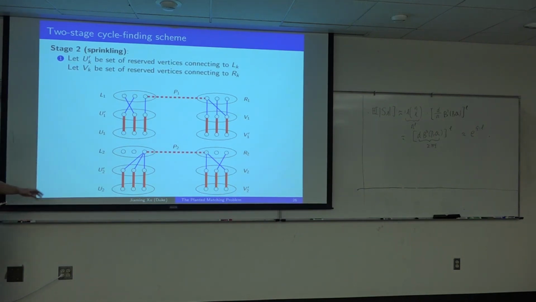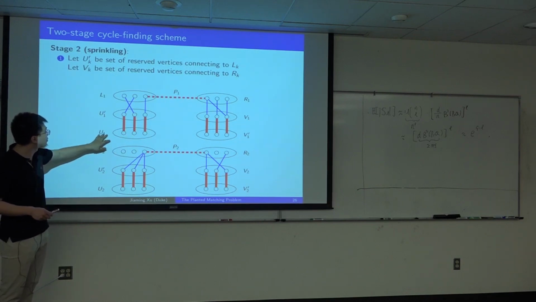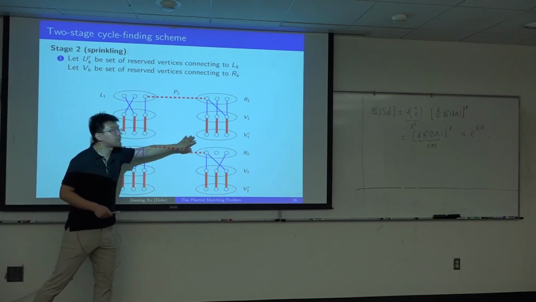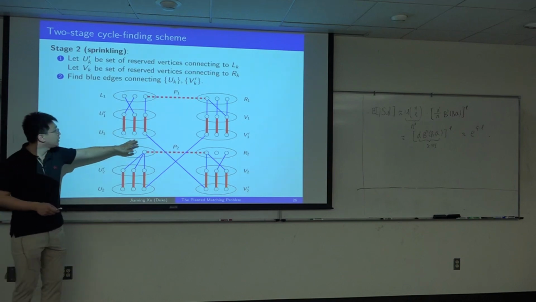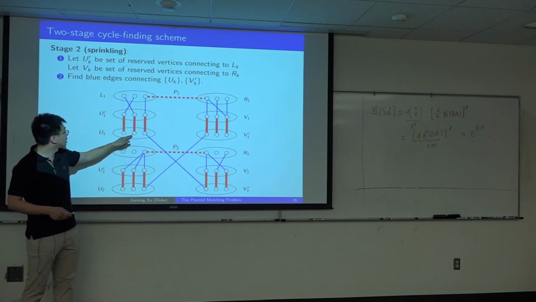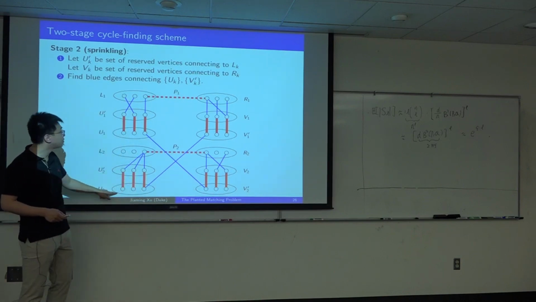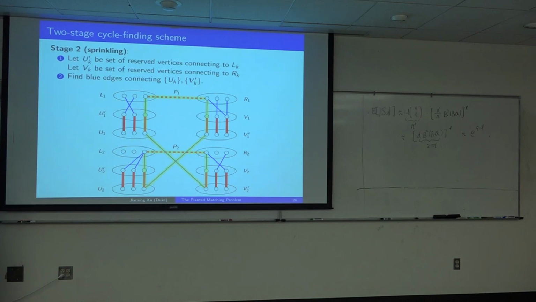Make sense? And now the last step is that in this example, I want U1 to be connected to V2 prime, and U2 to be connected to V1 prime, so I can complete the cycle. If I can indeed find some blue edges connecting some node in U1 to V2 prime, and some node in U2 to V1 prime, then I can highlight the alternating cycle that I found.